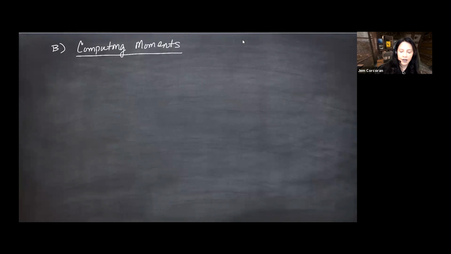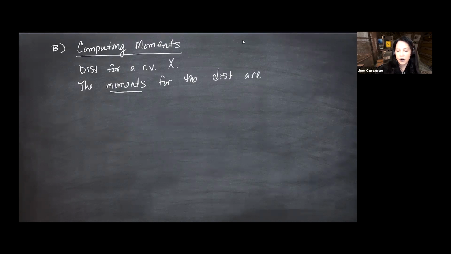So let's say we have a distribution for a random variable x. The moments for the distribution are the expected value of x, the expected value of x squared, the expected value of x cubed, on up.